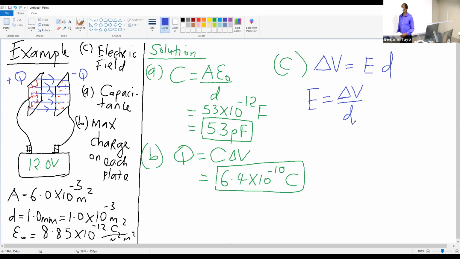So the magnitude of the electric field is given by the electric potential difference between the plates, which is the voltage, divided by the separation between the two plates. If you plug in the values, you end up with this number here. So this would be 1.2 times 10 to the power 4.